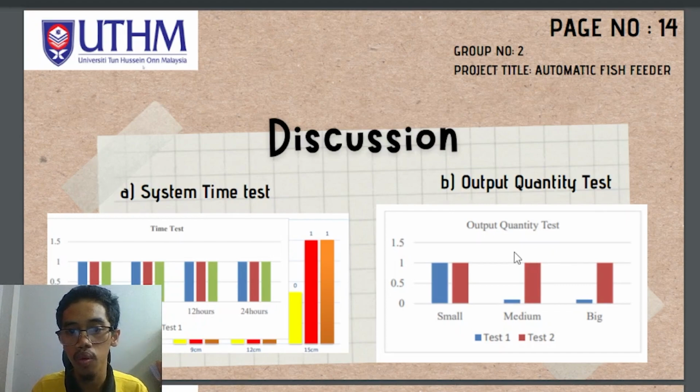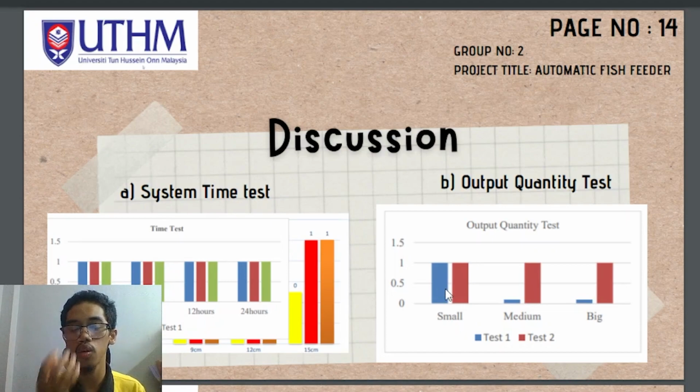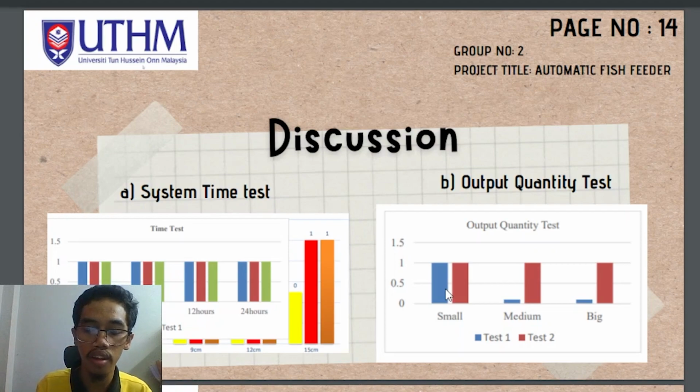So the output quantity test. For test 1, in small, the quantity is okay, in good condition, which tallies with the output: when the setting is small, the output of food from the project is a small quantity also.